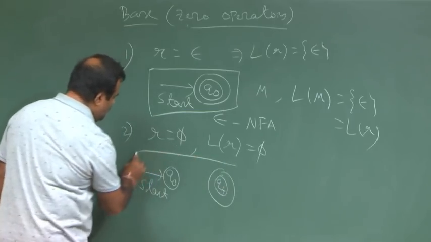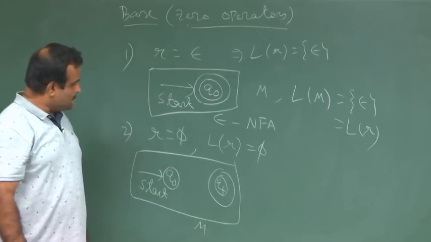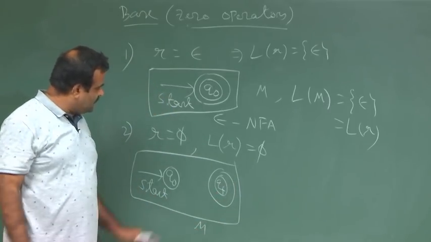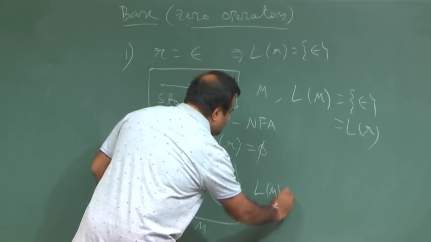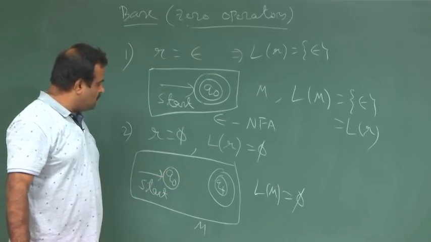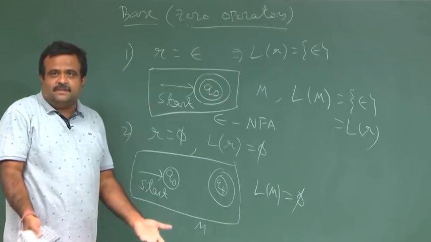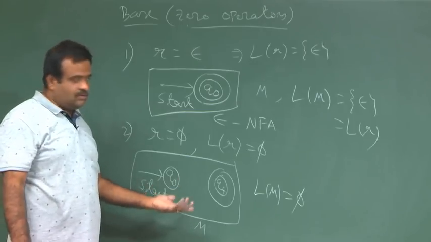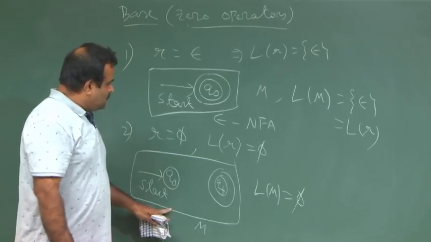So, this is our M. Okay. What is the language accepted by this? Empty, not even epsilon, because there is no epsilon move over here in this epsilon NFA. Epsilon NFA itself is NFA, so it is okay if we do not have any epsilon move also. So, this is the empty set.